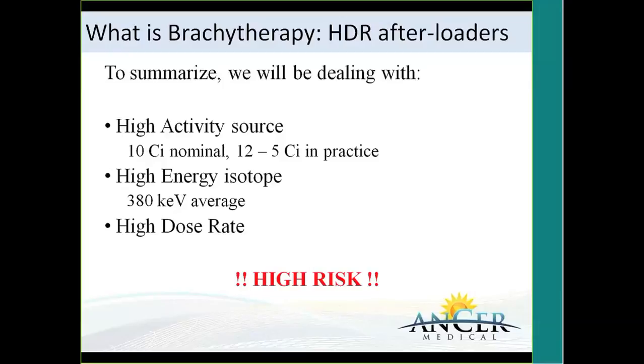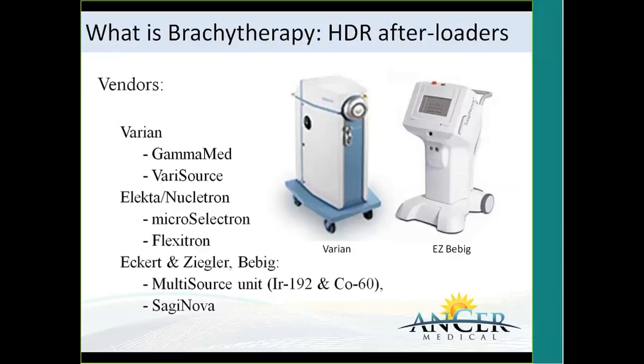Going into what's available, there are a variety of afterloaders out there, okay? The main players are Varian, Nucleotron, which is now all owned by Elekta, and Bebig, which just recently, this spring, got FDA approval for their system.